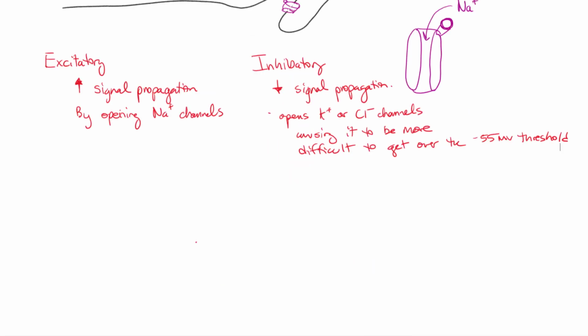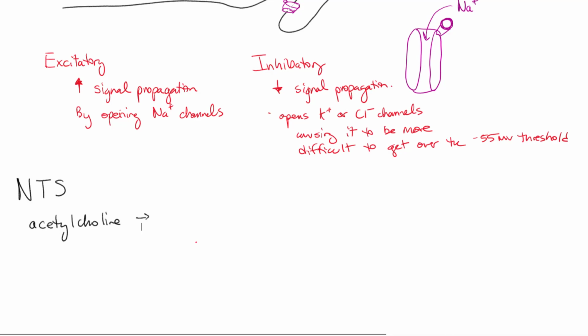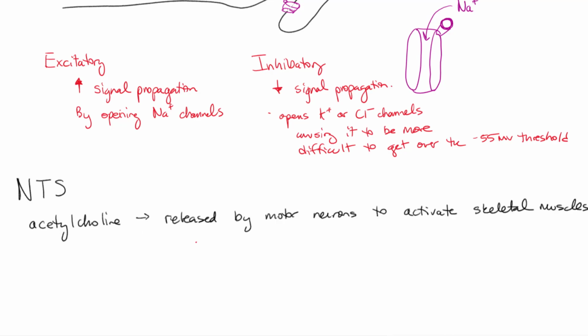Now we've got a whole bunch of different neurotransmitter substances, but I'm going to just touch base on a few. We've got acetylcholine, and this is released by motor neurons to activate skeletal muscles. Depending on what kind of receptor it hits, acetylcholine will be excitatory or inhibitory.